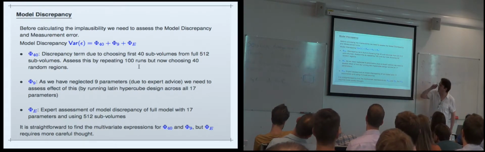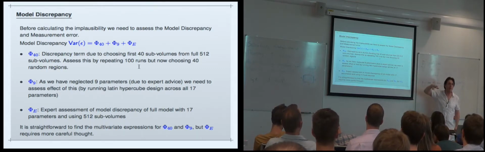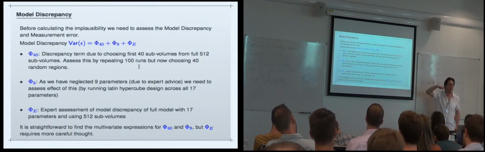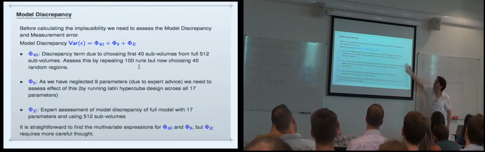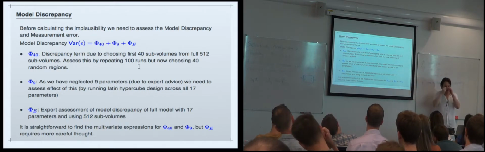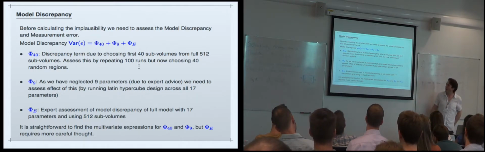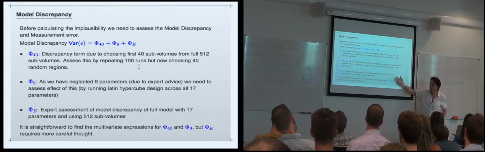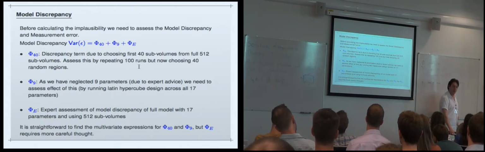So for the model discrepancy, there were 3 pieces. 2 we could do with further experiments of the model, varying things in the model that had been kept fixed. We said, well, you can't keep it fixed. We'll vary it a little bit, do a little experiment, and take a covariance matrix from that. And there were finite volume size effects that we could calculate roughly and work out. And then there was an expert assessment of other things that have gone wrong with the model that are missing.